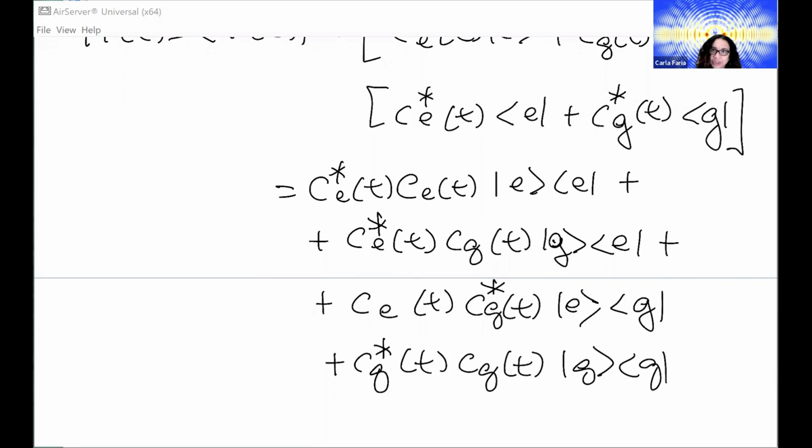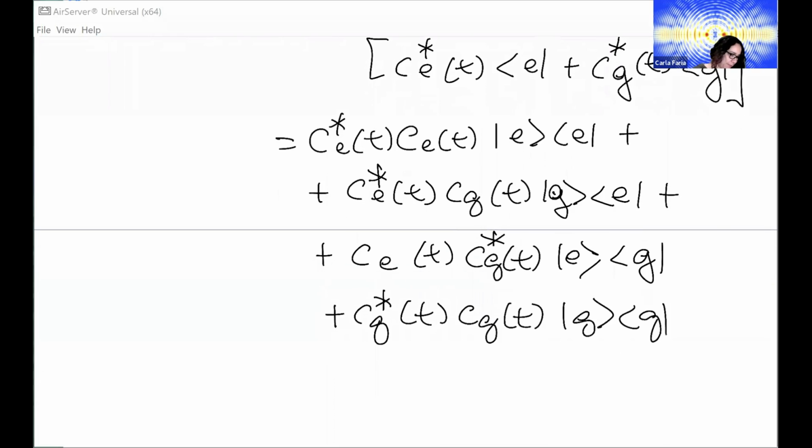Now, I'm not going to show this, but if you, by chance, consider that your initial state is the excited state, which is something we have done, you can show that the cross terms are going to disappear.